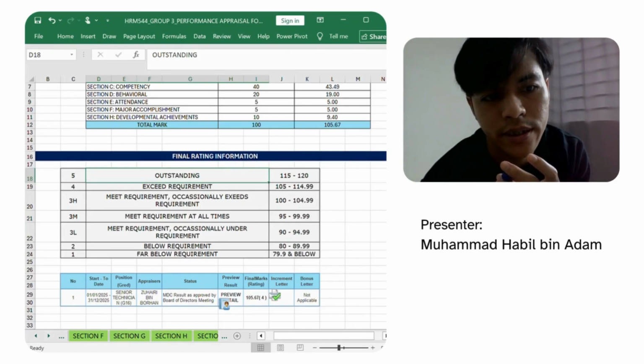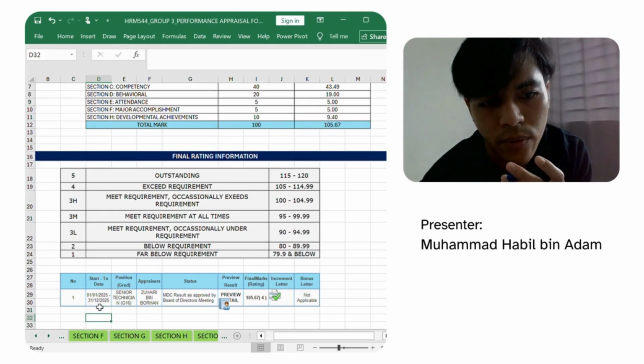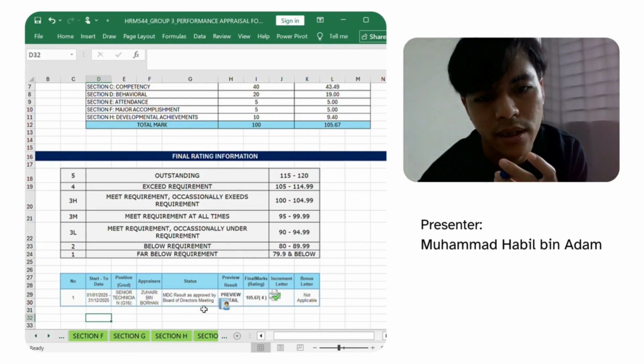So we check here the date, from 1 January 2025 to 31 December 2025. Position is senior technician G16, appraiser Zuhairi bin Borhan. The status is MBC result as approved by Board of Director meetings.